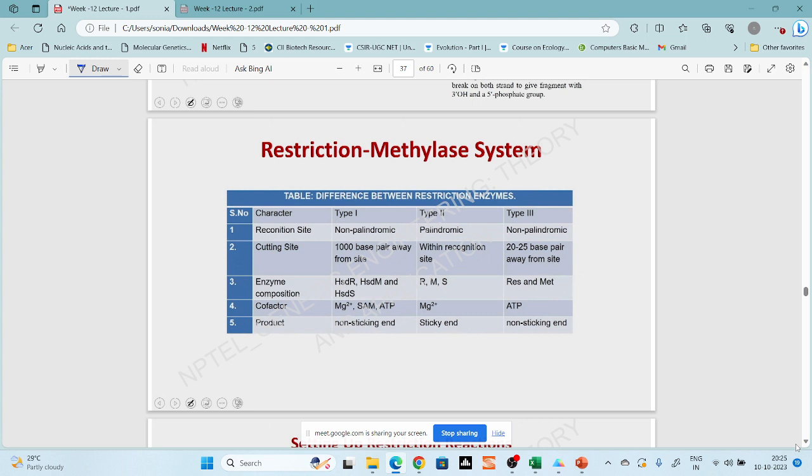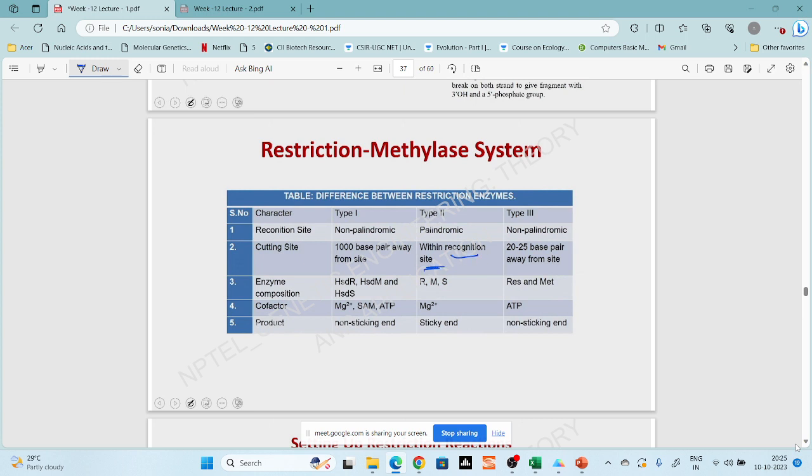Type 1 will recognize the site, but it will cut 1000 base pairs away from the site. Type 3 will also recognize, but it will cut 25 to 20 base pairs away from the site. Whereas type 2 will recognize the site and cut within the restriction site also.